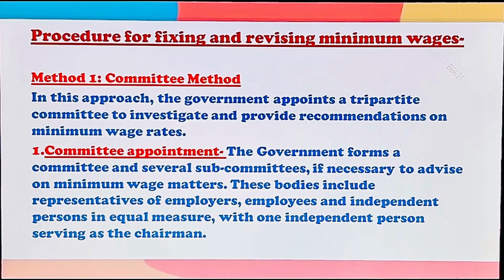So method 1 is committee method. In this approach, the government appoints a tripartite committee to investigate and provide recommendations on minimum wage rates. So firstly, government forms a committee and several subcommittees to advise on minimum wage matters.